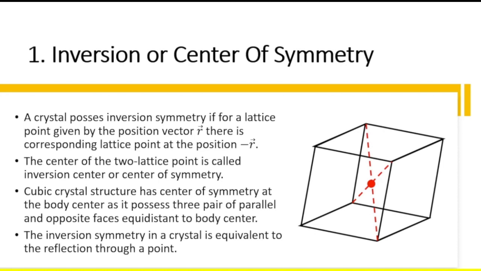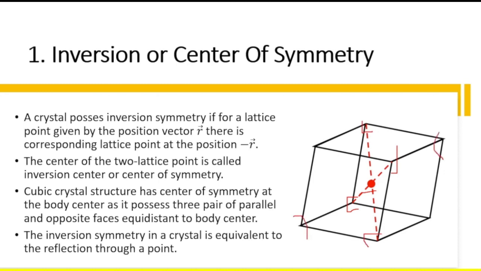Now, if you see here, this is the center and this point and this point are at the same distance from this center point. So this center point is the center of symmetry. This center of symmetry also works for this corner and this corner, similarly for this corner and this corner.